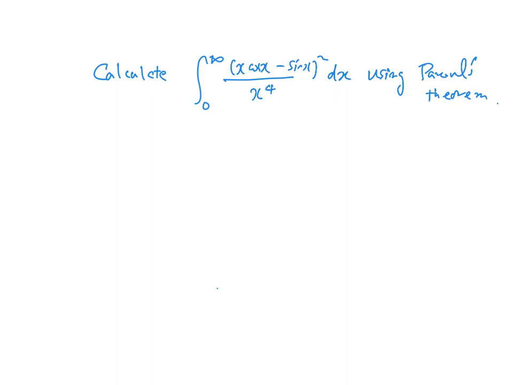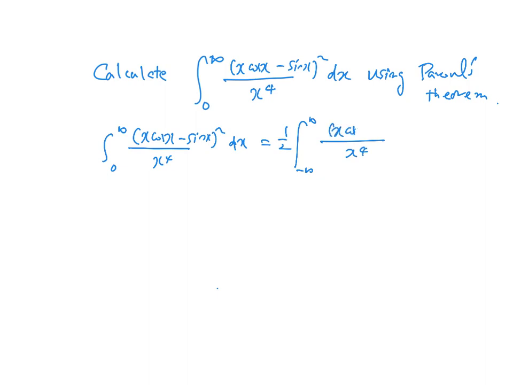Because you know the original function, and then apply Parseval's theorem: the integral of t squared dt. So this is actually pi over 6.